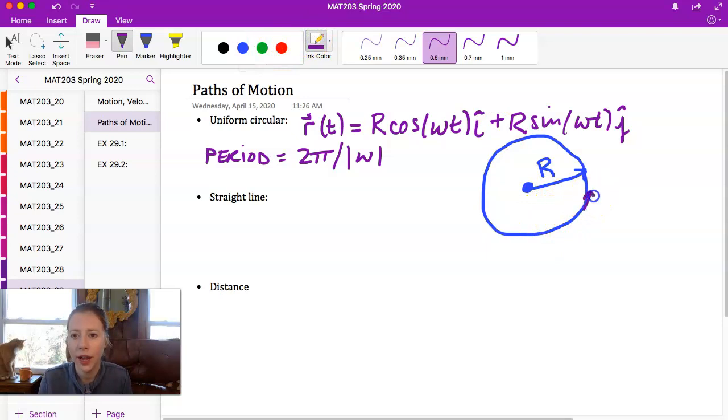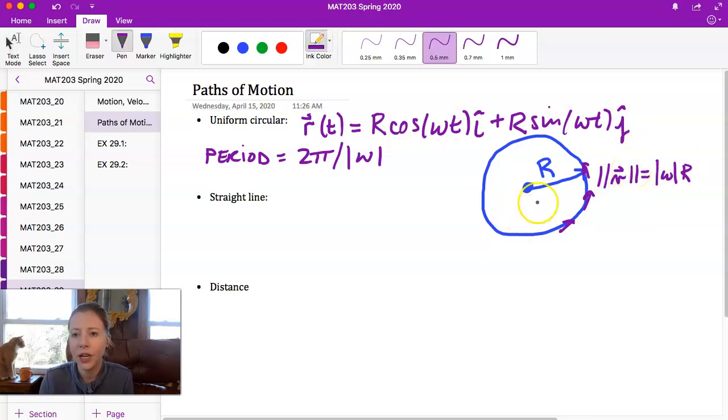If I was to look at the velocity as we moved about, the magnitude of the velocity tangential to the direction of circular motion is going to be equal to the magnitude of the angular velocity, which is omega, times the radius. That gives us the velocity.